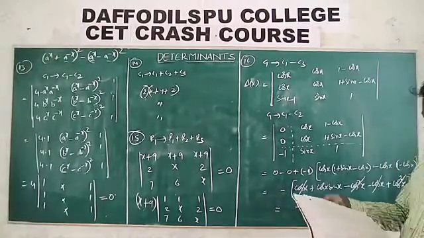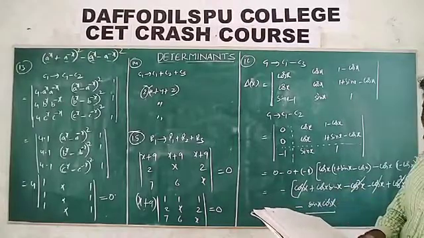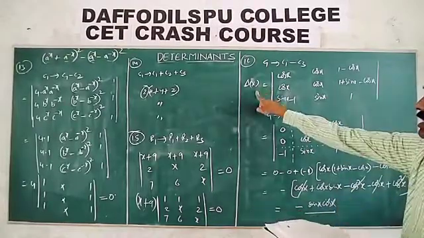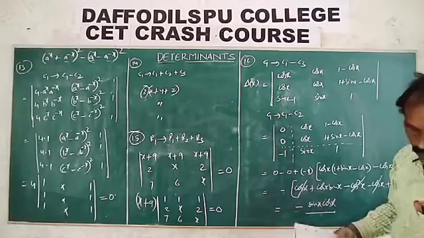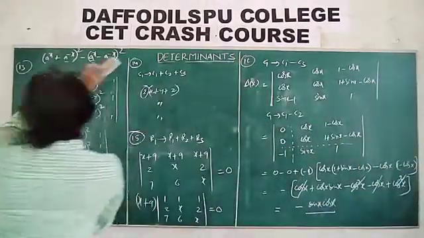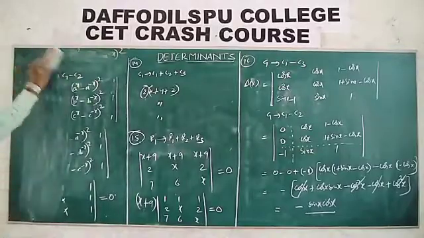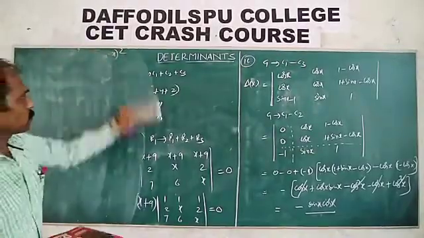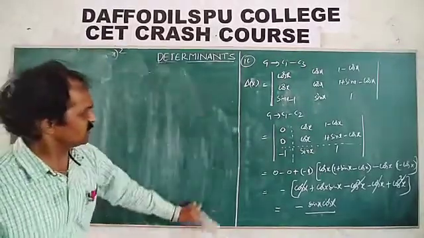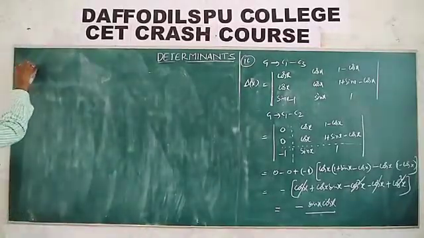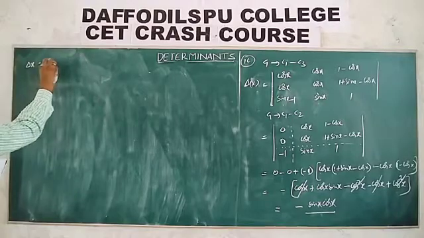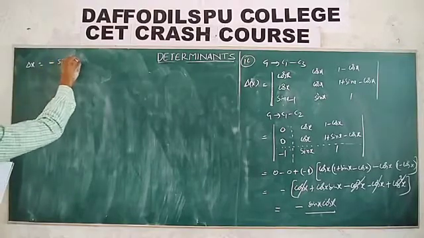The problem is: the integration of delta x dx from 0 to pi by 2. So the delta x value is minus sin x cos x.